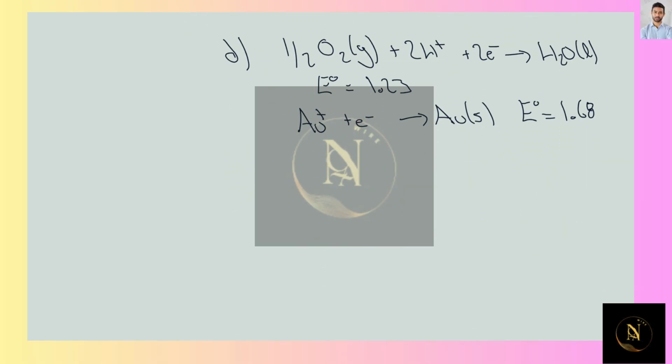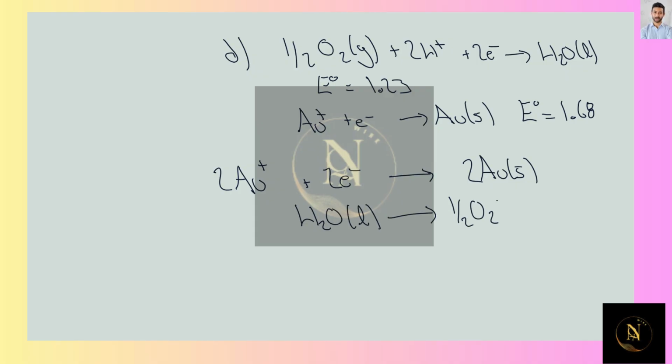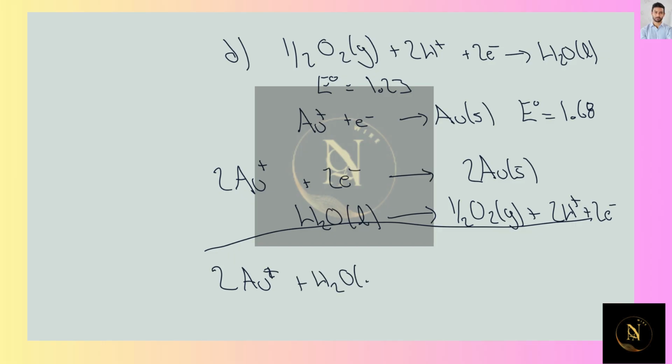So what is going to happen with gold in water is that if we add up two times this equation, we add it to the inverse of my other reaction, H2O liquid produces 1/2 O2 gas plus 2H plus 2 electrons, what we are going to get is two equivalents of gold plus water in liquid producing two equivalents of solid gold plus 1/2 of oxygen gas plus two equivalents of hydronium ions in solution.